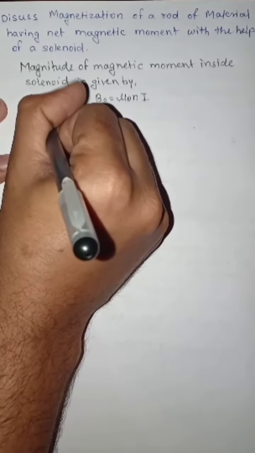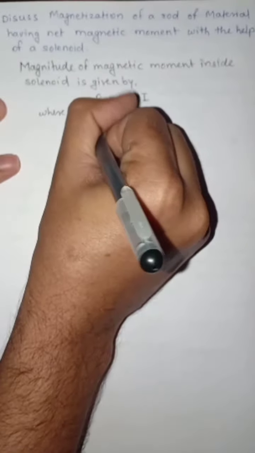B0 is equal to mu0 Ni, where mu0 is permeability of vacuum.